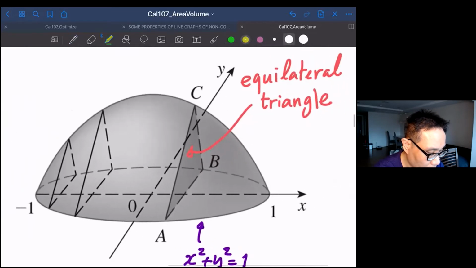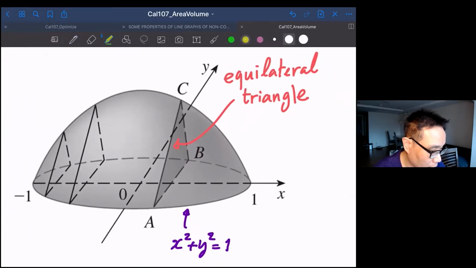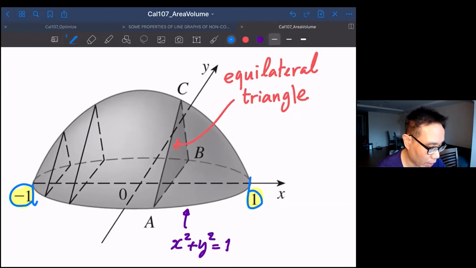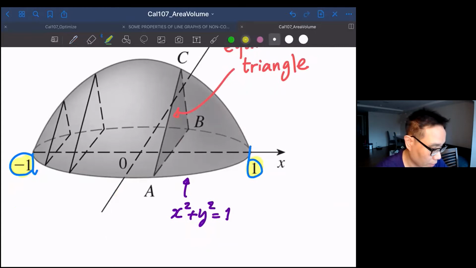If I enlarge this, you have a to b, which is the interval where your solid lies above. In this case, your interval turns out to be negative 1 to 1. So this one will be your a and your b, and you're going to integrate the area of the triangle over this interval.